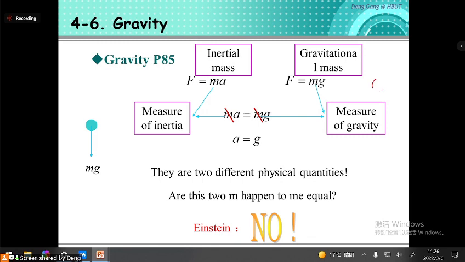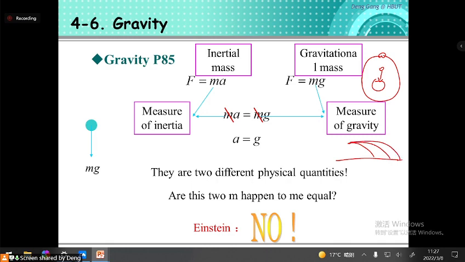Just like this is the Earth, an apple falls to the Earth, and the moon goes around the Earth. According to Newton, these two motions should be the same. What's the difference between these two? We can see it like this. When you throw something with greater speed, it will go further, right?